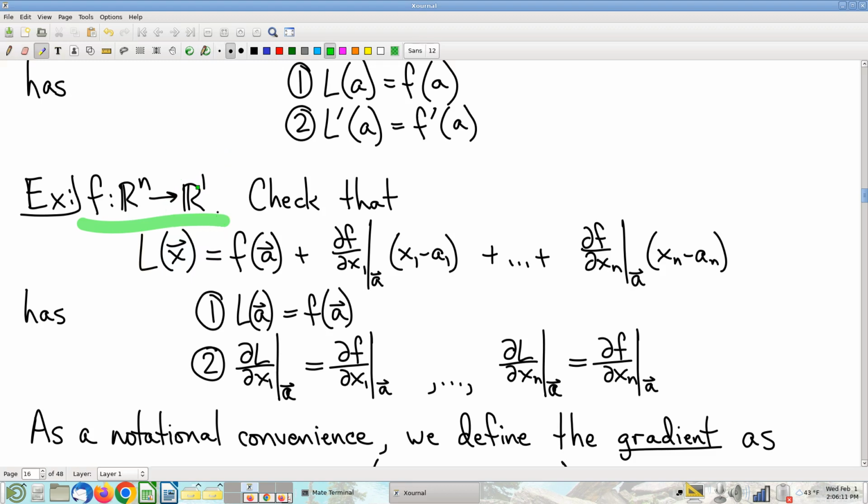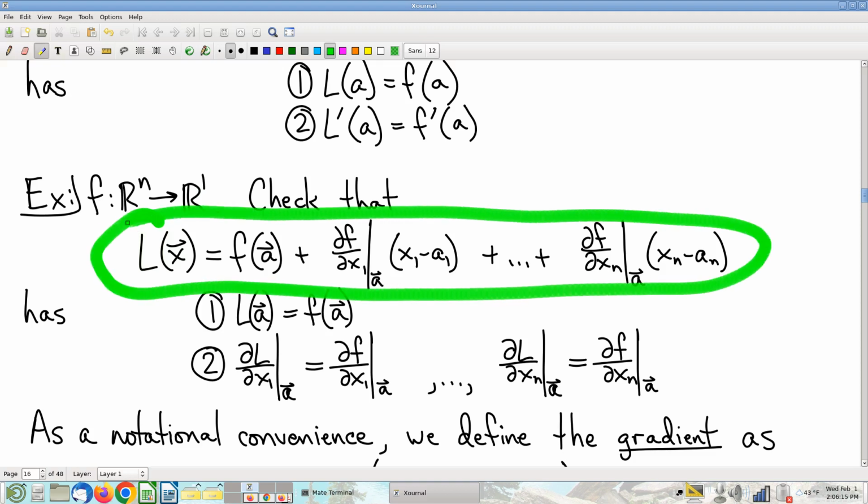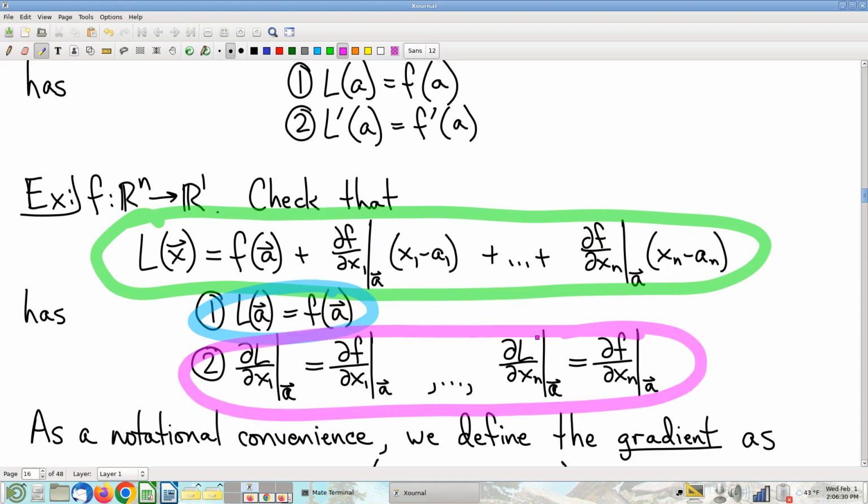So for such a function, I claim that this thing right here is the unique first degree polynomial that agrees with the original function f in value and in all of the partial derivatives. So this is the application that we're making of partial derivatives. We're going to use partial derivatives as a tool for defining what we mean by a linear approximation.